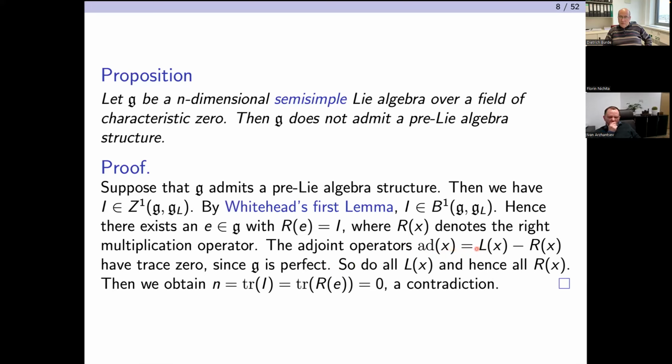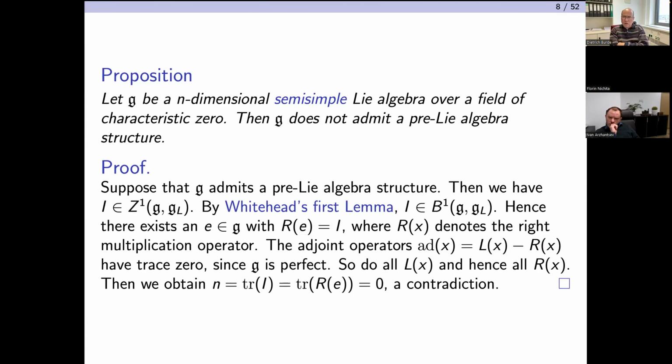And then that also means the trace here is 0. However, that would mean that n is equal to 0. Maybe we should say that we look only at positive-dimensional Lie algebras, so that this is a contradiction.